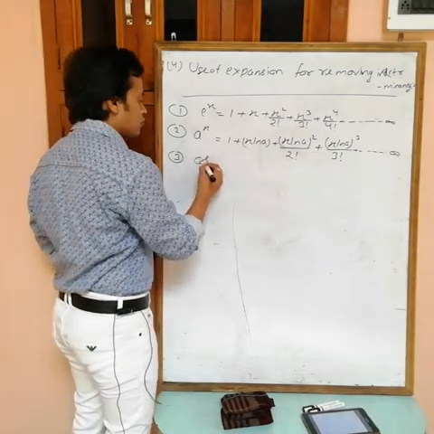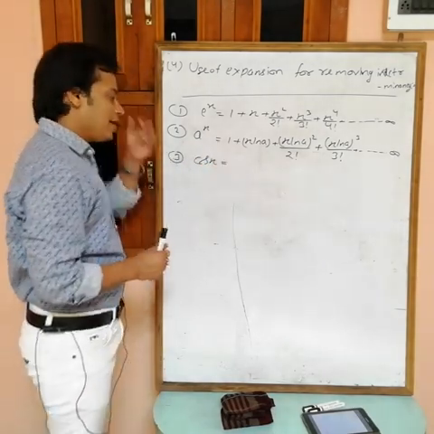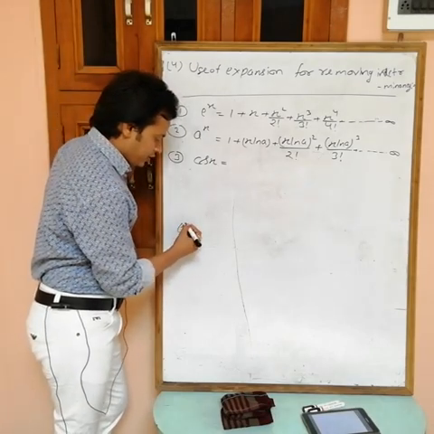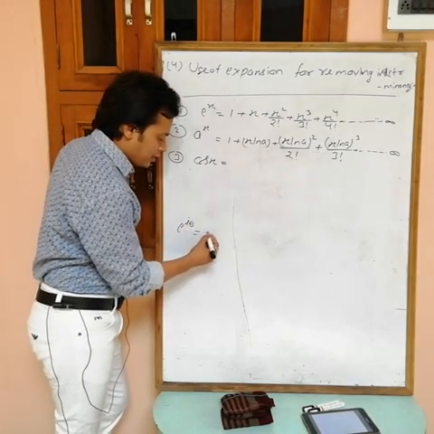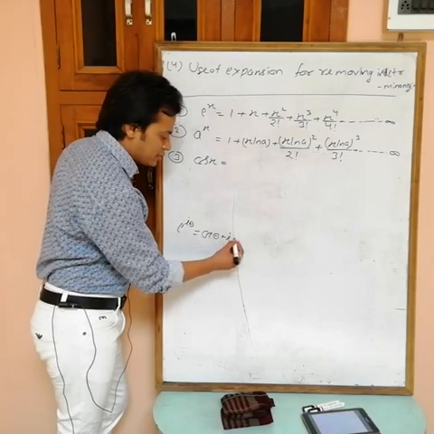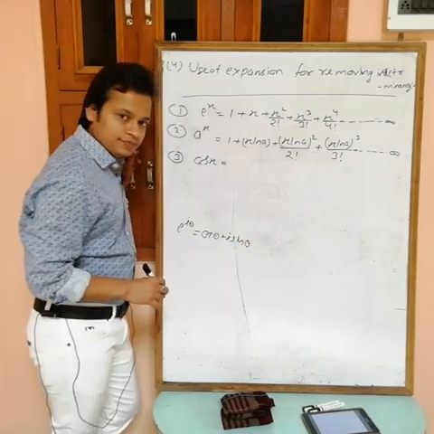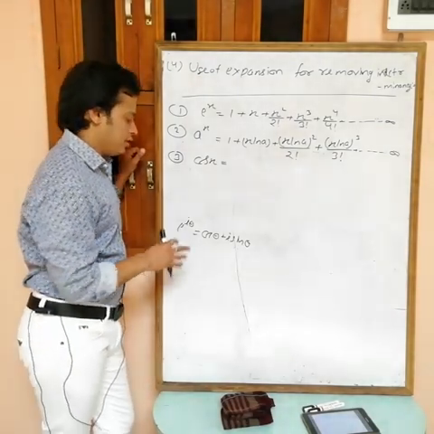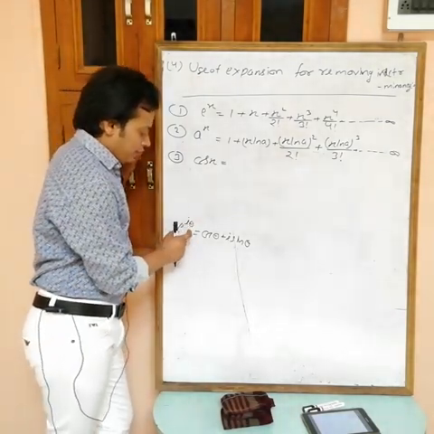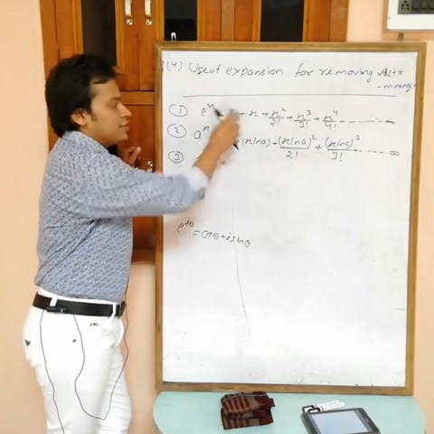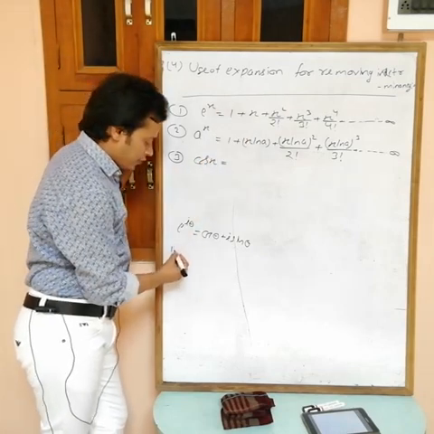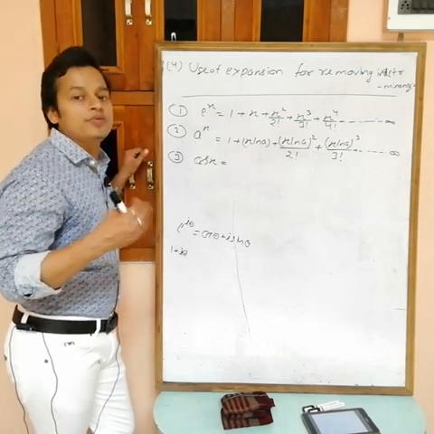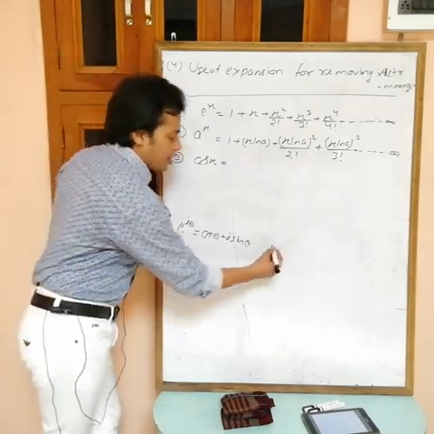Third one, cos x. In complex numbers you will see that e power iota theta equals cos theta plus iota sin theta. Now if you find the value of e power iota theta by using this sequence, then what will you get?